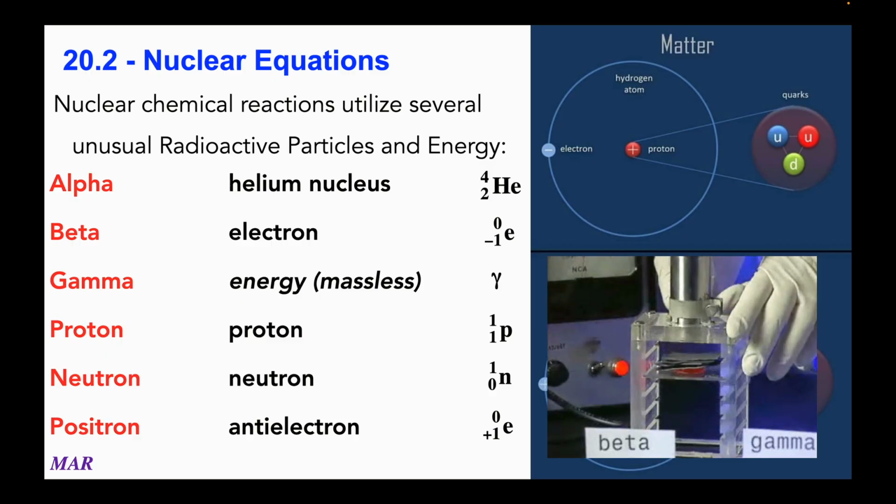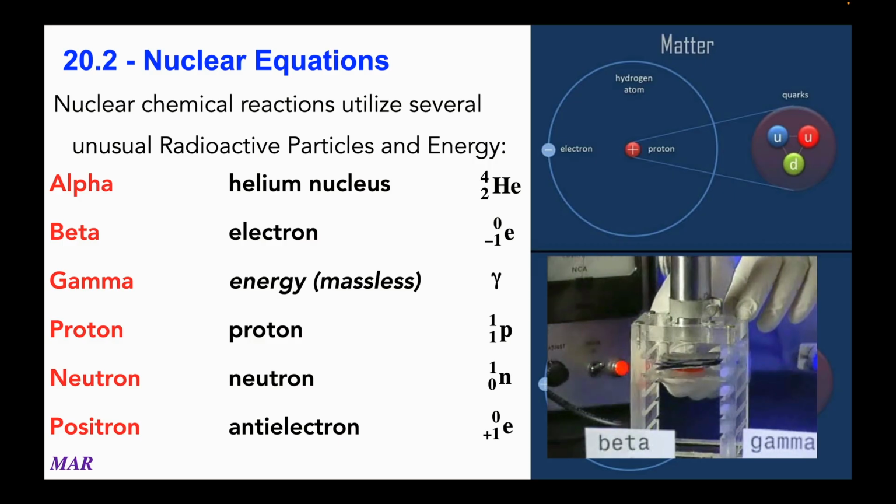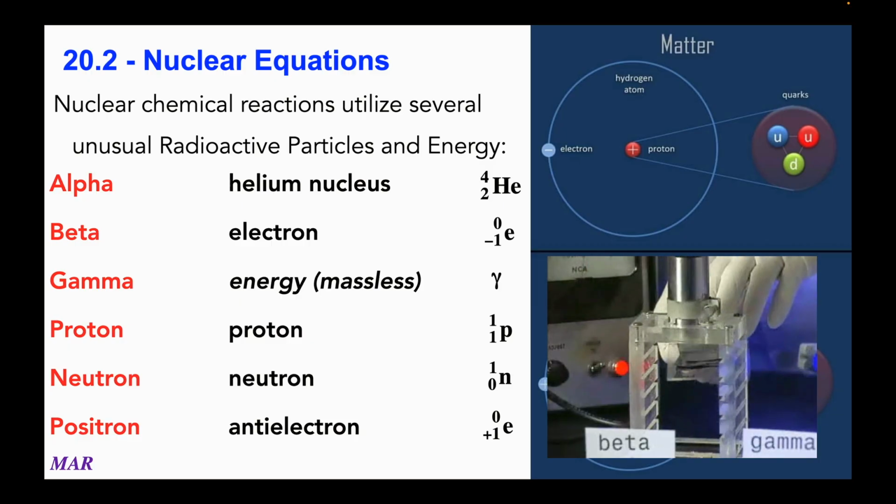We can add even a 4th. Gamma has the greatest penetration of all the radioactive particles, alpha and beta. Gamma is an electromagnetic energy wave.